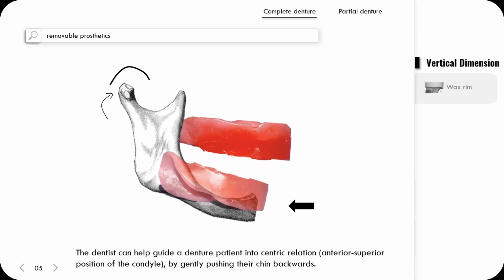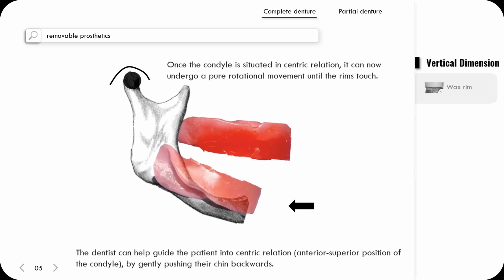So the condyle will shift up, and because the mandible rotates, it will rotate into that anterior superior position. Okay, so that becomes our endpoint position, and that's really repeatable, right?